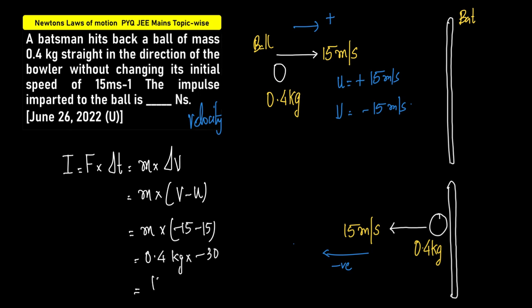So this becomes 12 kilogram meter per second, which is otherwise 12 Newton second, right? So the impulse imparted to the ball is 12 Newton second.